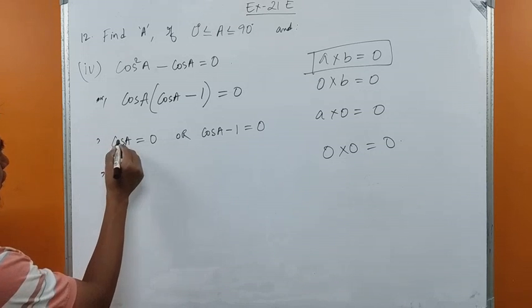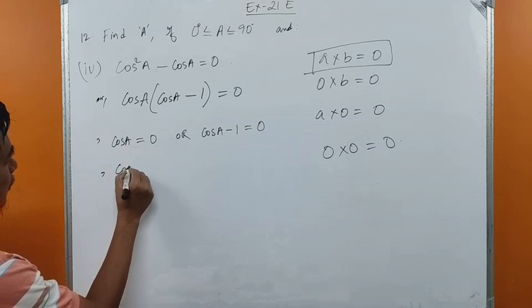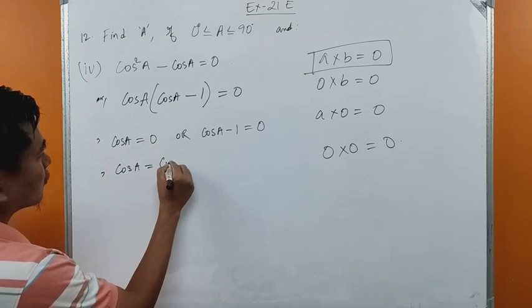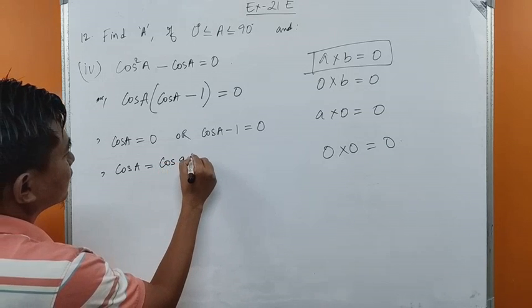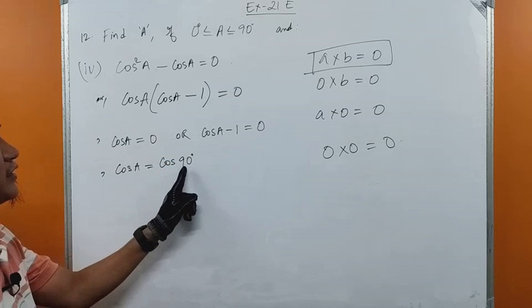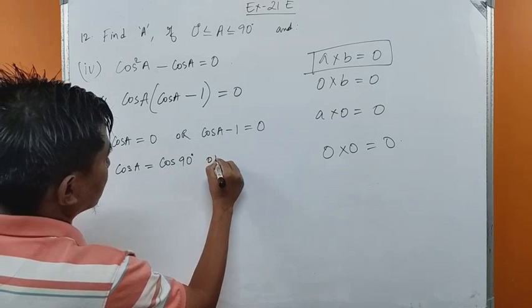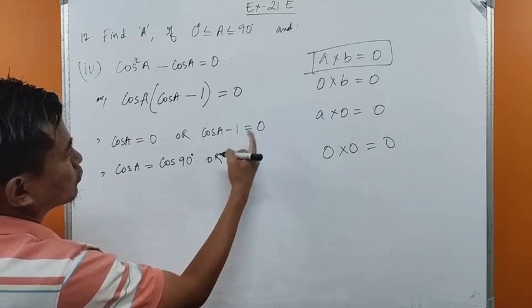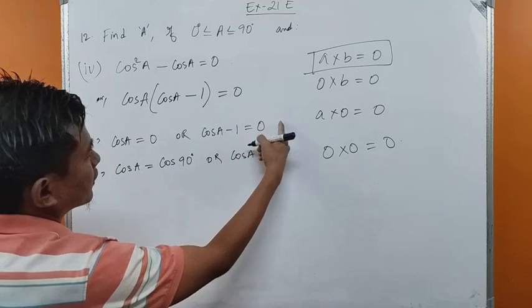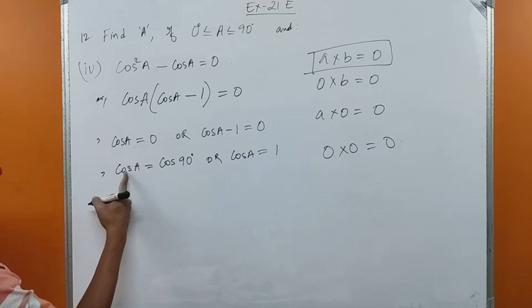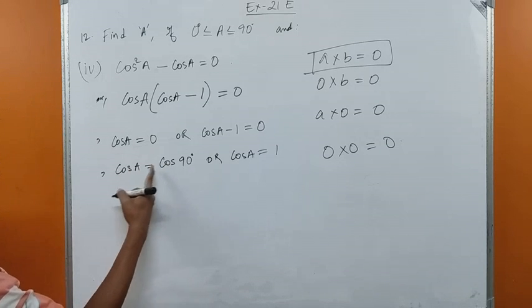Okay, so if cos A equals 0, 0 means cos 90 degree, isn't it? Cos 90 degree means 0. Or cos A minus 1 equals 0 means, let's take this minus 1 to the right hand side, plus 1. Now let's leave cos and cos from the left hand side and right hand side.